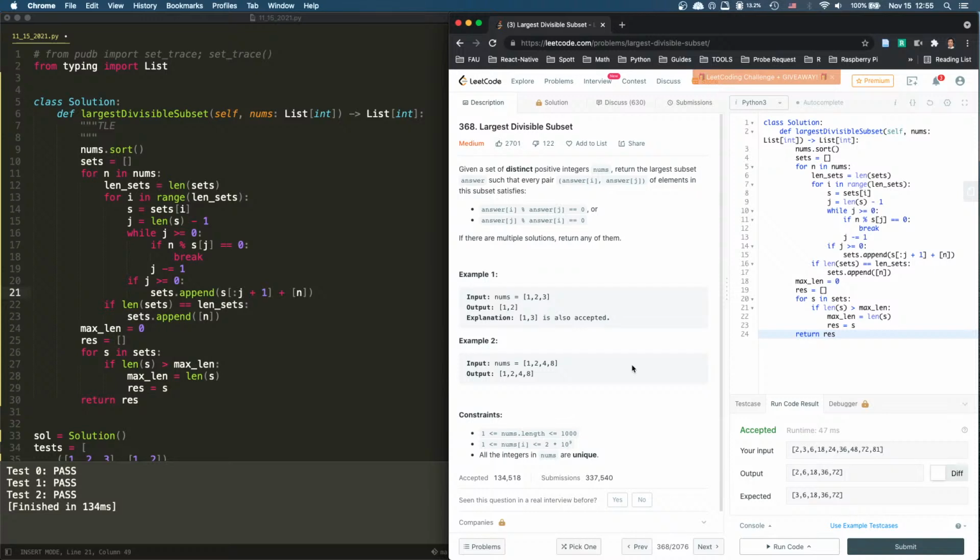So these will be divisible by 4, right? And then that gives us 6, 9, 12, and 18. And divided by 2 again gives us 3, 6, 9, divided by 2 again gives us 3. So that's it.